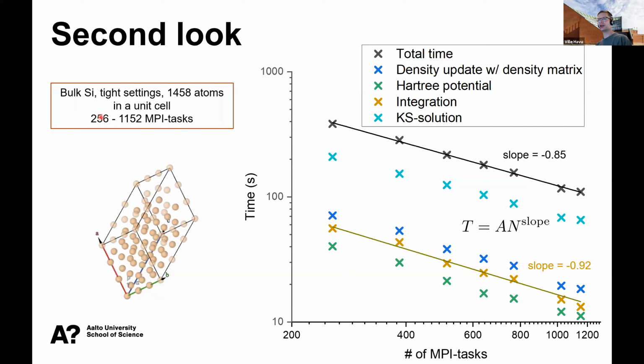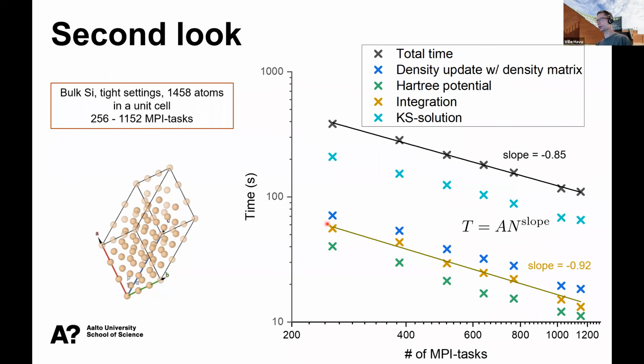And then I vary the number of MPI tasks. I start from 256 because it's the smallest one that can feasibly do this larger system, and then I go to larger systems. And then I do a double logarithmic plot, and then I get the scaling with respect to the number of MPI tasks that I can use in the calculation.